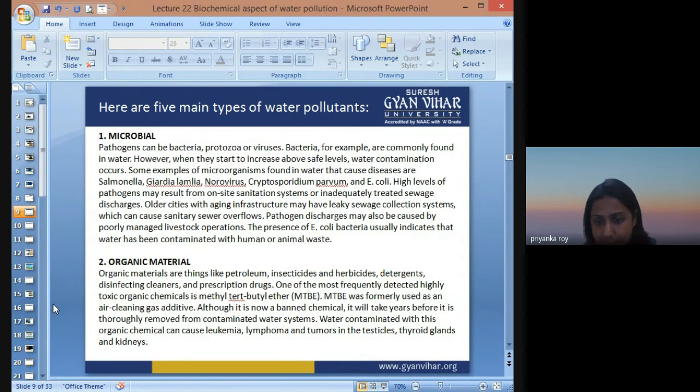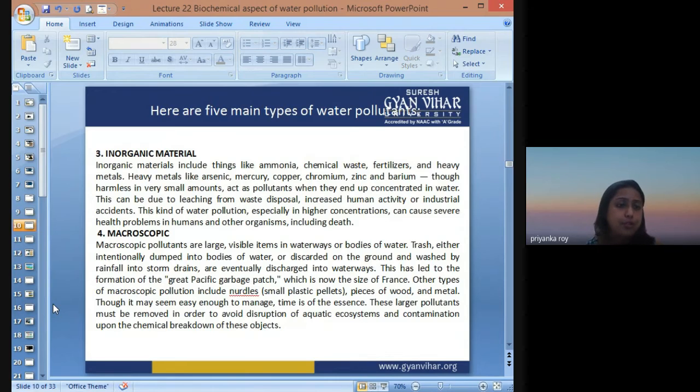MTBE is one example of an organic material which has the capacity of contaminating water and will take many years to be removed. On consuming these chemicals, we may face leukemia, lymphoma and tumors around the soft tissue region of the living being.